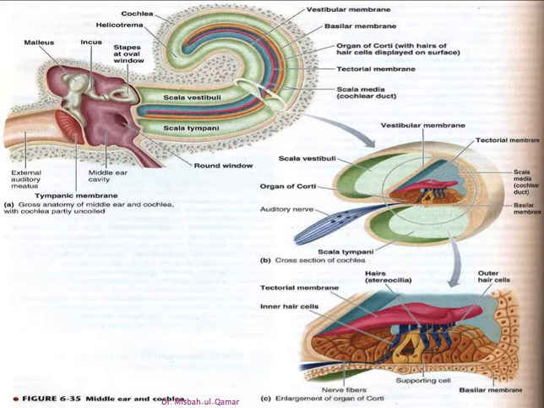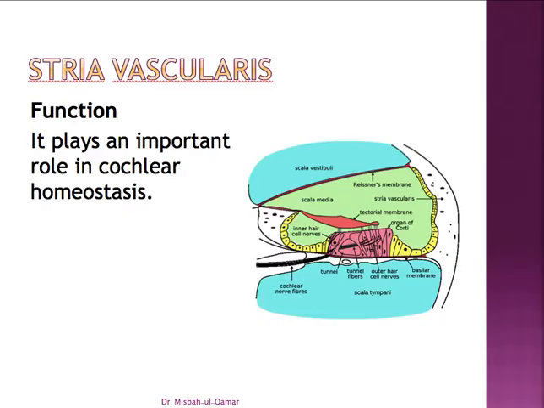So I told you that the cochlea has three functional units. One is the organ of Corti, then there was the spiral ganglion, and an important functional unit of the cochlea was the stria vascularis. So what is the stria vascularis? Basically, this is the stria vascularis.